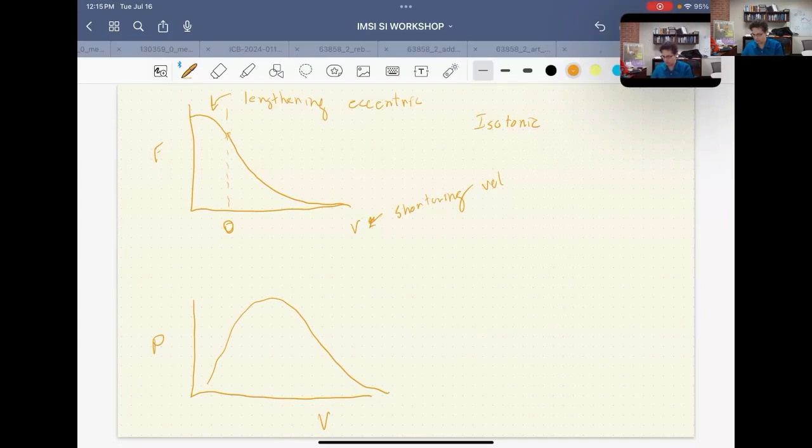What I want to talk about today is what do we want to do if we want to characterize the function of muscle under in vivo conditions. So in an in vivo setting, especially, I want to think specifically about a steady gait now, what's going to be happening is the muscle is going to be shortening and lengthening, and it's going to be producing force at various points in time in that cycle.